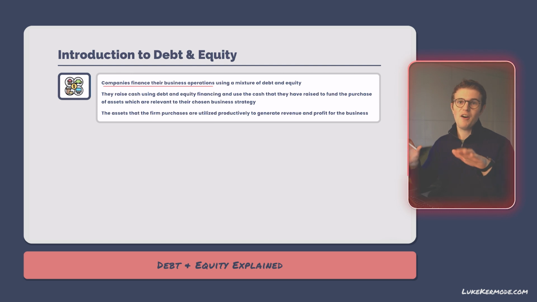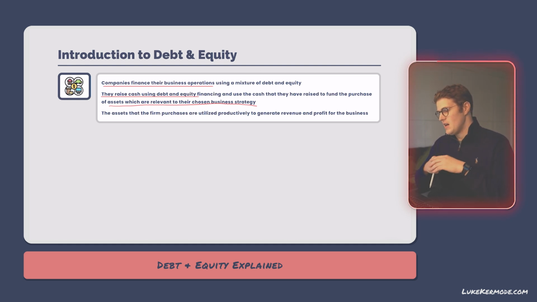So how a company finances its operations is basically how it blends debt and equity on its balance sheet. The cash that is raised using debt and equity financing is used to purchase assets which are relevant to their chosen business strategy. It could be purchasing machinery, which is used to produce t-shirts.